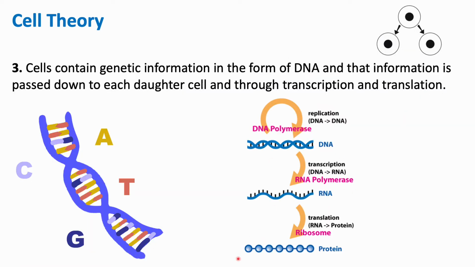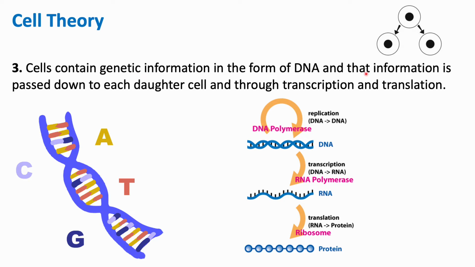The next is cells contain genetic information in the form of DNA, and that information is passed down to each daughter cell, and it can also be passed down through transcription and translation. So remember that when we talk about the passing down of genetic information, when we mean the direct transfer of genetic information, we often think of cell division, where we have that parent cell and then we get those 2 daughter cells, and that genetic information is passed down from that mother cell.